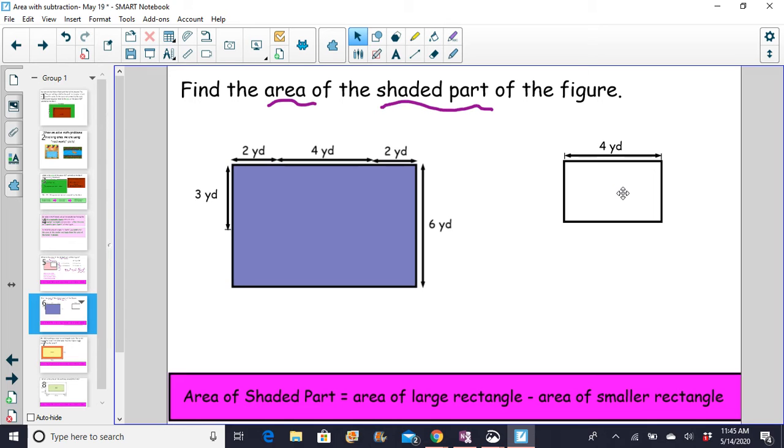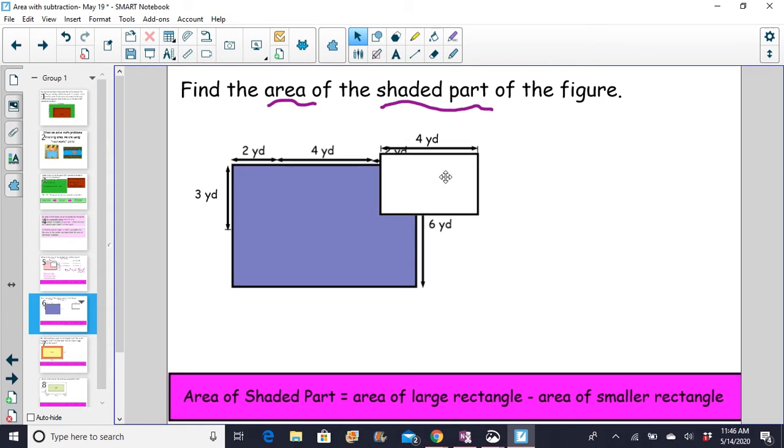I have only one measurement on there. This is a rectangle, it is not a square. So I need another measurement. I have a length, I have 4 yards as my length. I do not have a width. Let me put it back.